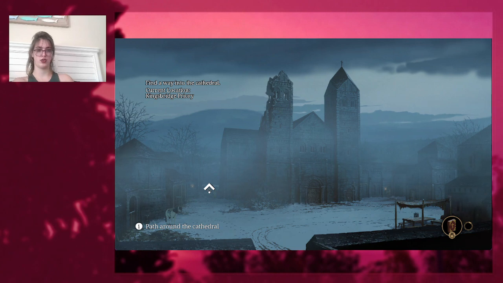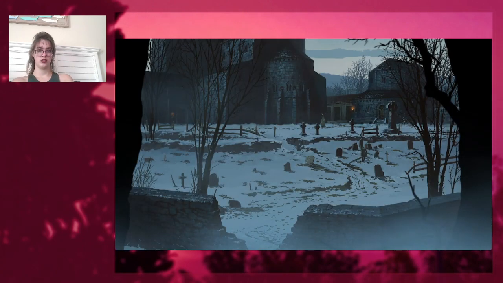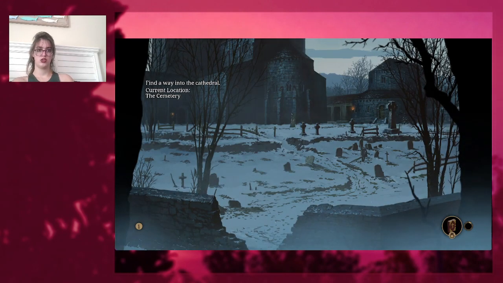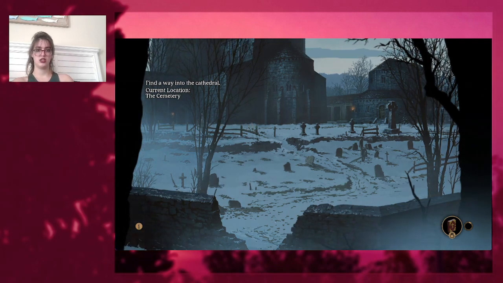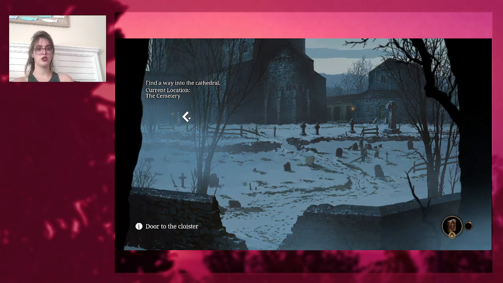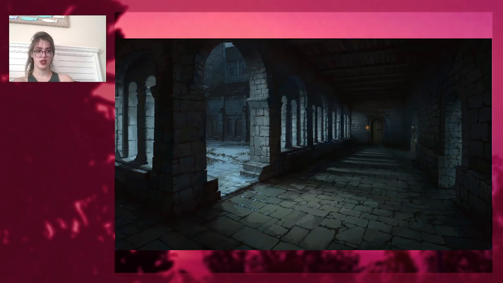Path around the cathedral. Yes. Cemetery. Door to the cloister. Yup. Okay, now we're in.